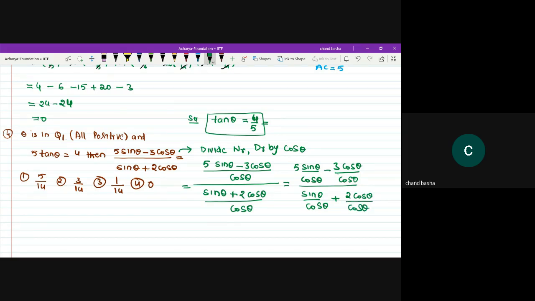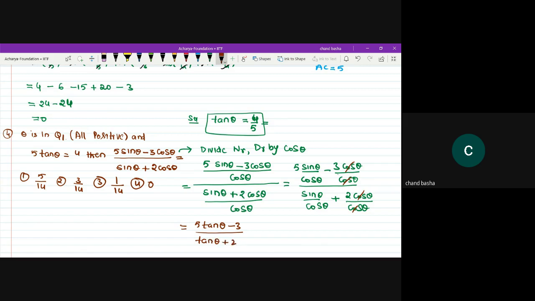Clear? Now if you observe, cos theta cancels, cos theta cancels. The rest of the part is 5 into tan theta, since sin by cos means tan, minus 3, divided by tan theta plus 2.